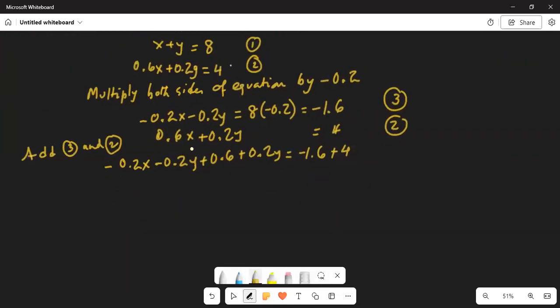Now in this equation, minus 0.2Y cancels with positive 0.2Y. So this should be 0.6X.